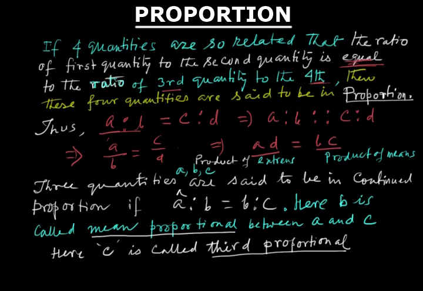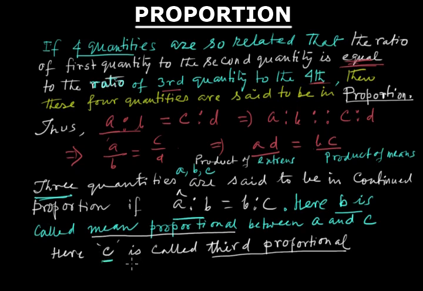Now, if there are three quantities instead of four, they are also said to be in continued proportion if A is to B equals B is to C. Here B is called the mean proportion between A and C, and C is called the third proportion.